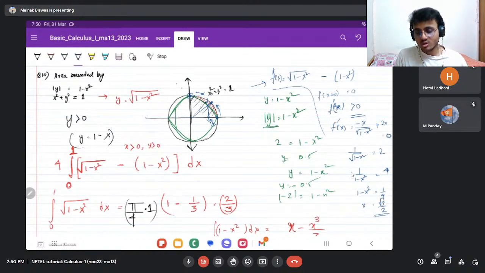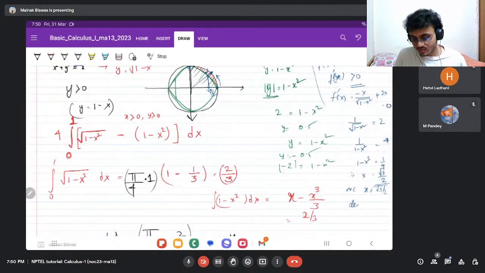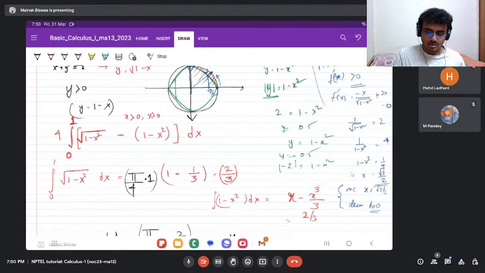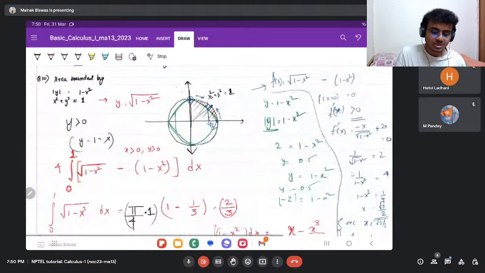This is greater than 0, increasing till x belongs to root 3 by 2 and then decreases to 0. Agreed? So do you see that it is always above the curve? Did you understand? So if it is increasing, means what?